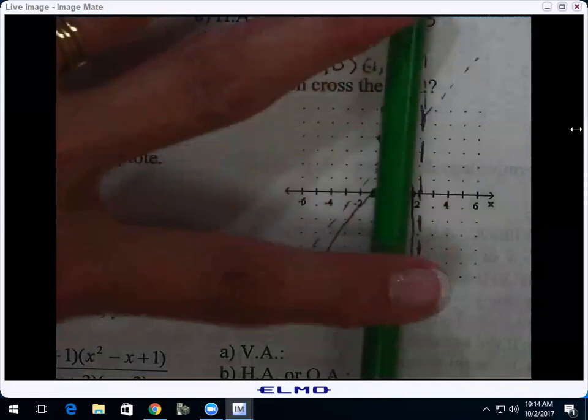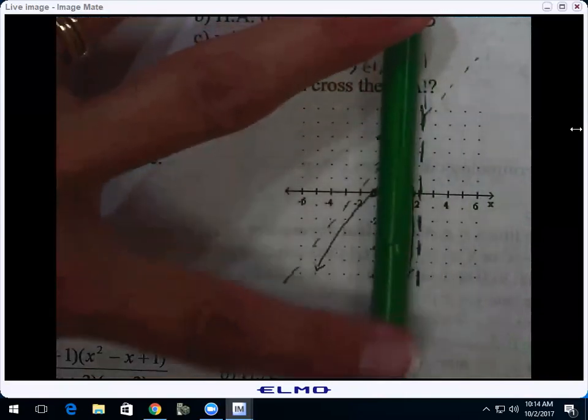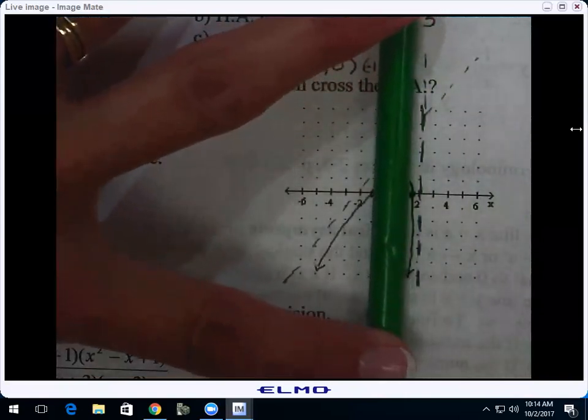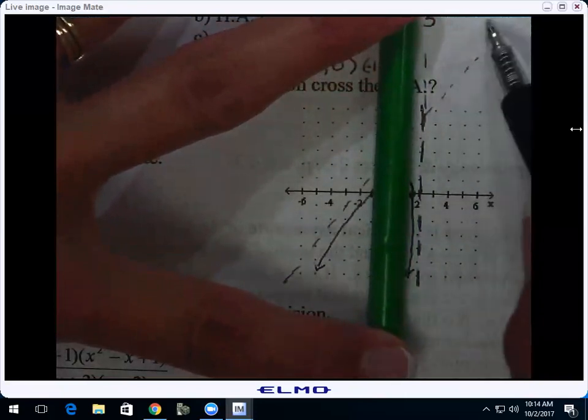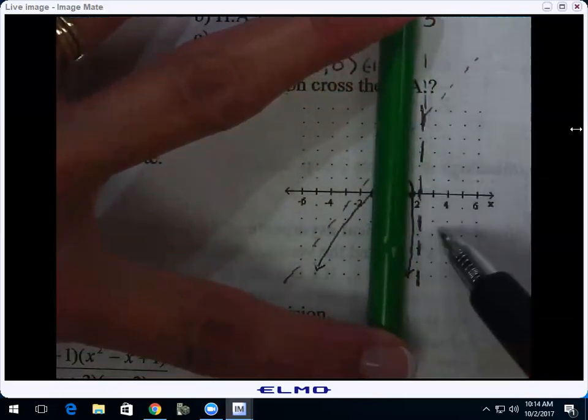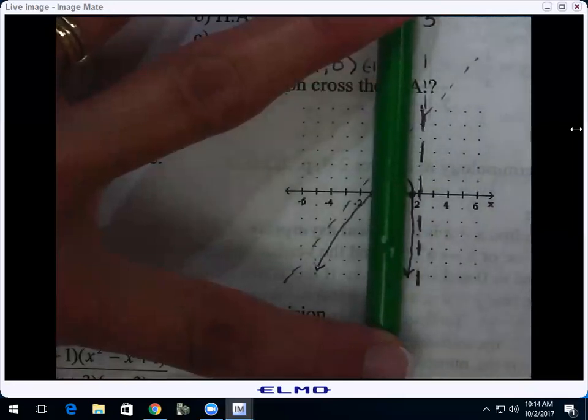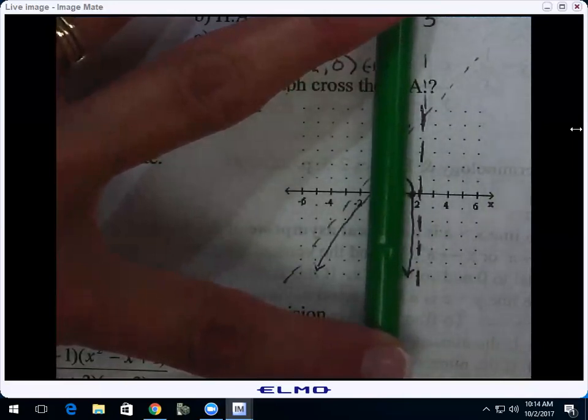Now I'm training my brain to see what's going on to the right of that vertical asymptote. The graph can either be above the oblique or below the oblique. Do you have a way of telling which one, or do you need a test point? I just can't hear you. You can actually get by without a test point here, because what would have to be true if the graph was below the oblique?